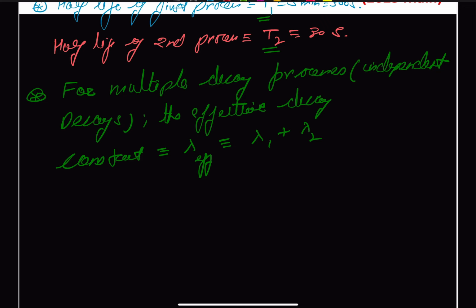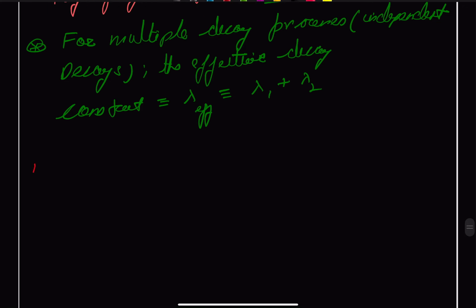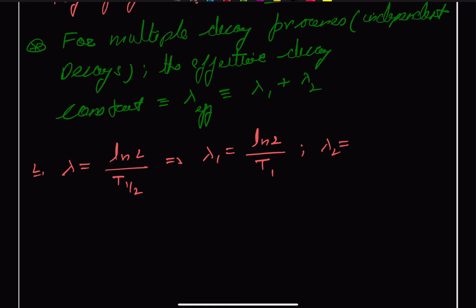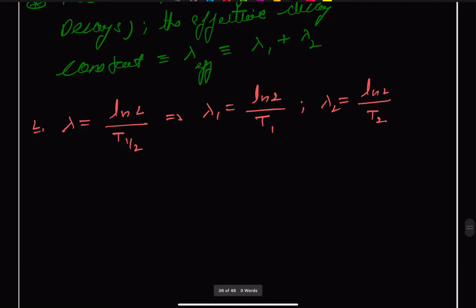And we already know that our lambda is equal to natural log of 2 divided by t half. So from here we can write that our lambda 1 will be equal to natural log of 2 divided by the first half life, which we called t1, and lambda 2 is natural log of 2 divided by the second half life, which we called t2.